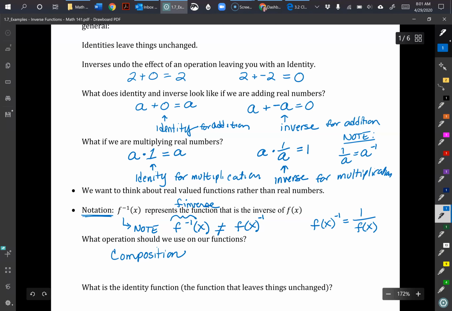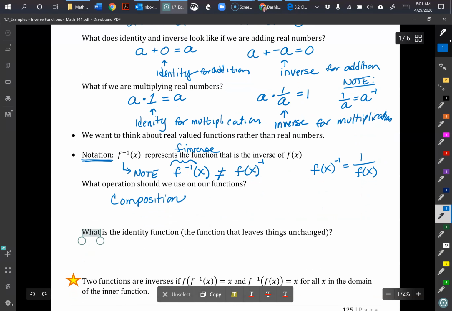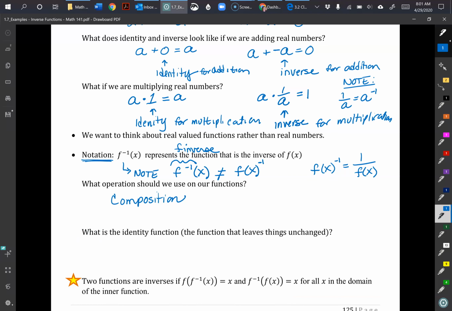So instead of asking what's the multiplicative inverse or additive inverse, we're going to look at when we have composition. So what is the identity function? The function that leaves things unchanged. So the inverse of f would be f inverse.